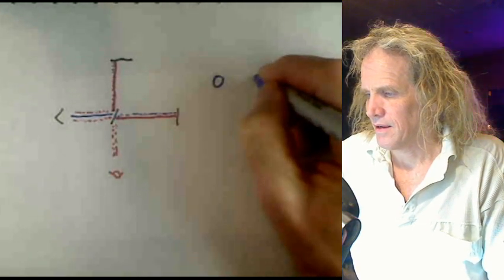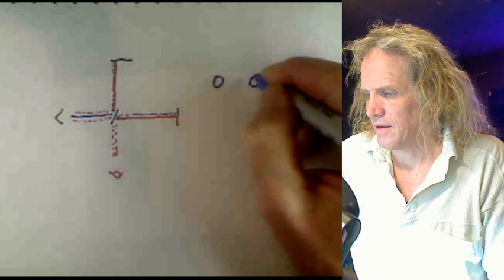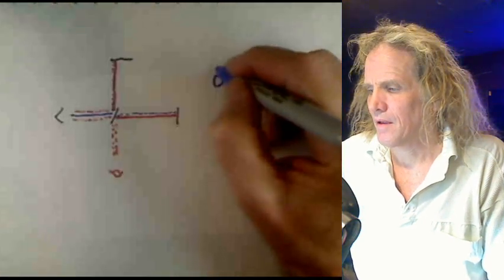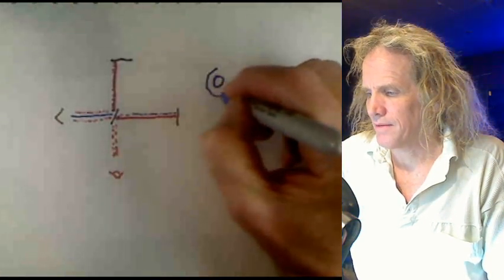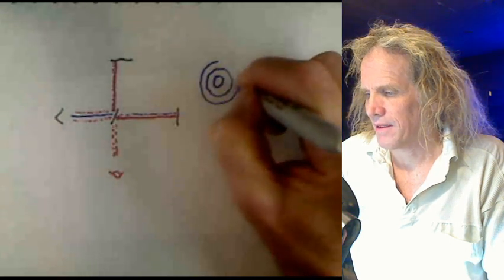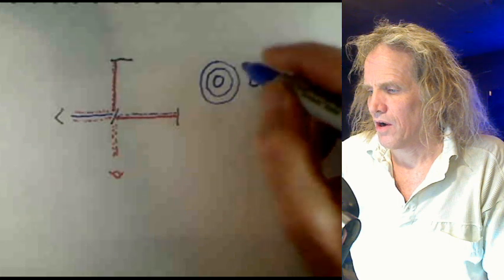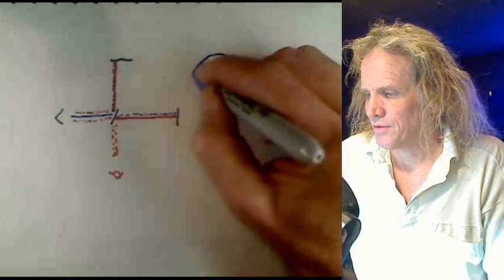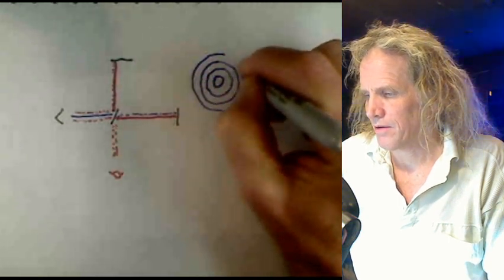It's a pattern of light. And so neither path can ever produce on or off. It produces a different pattern.